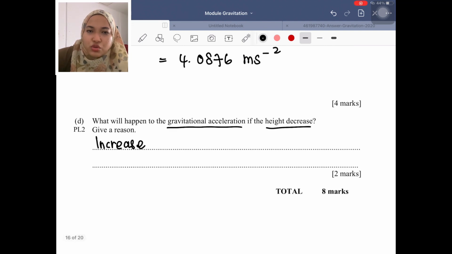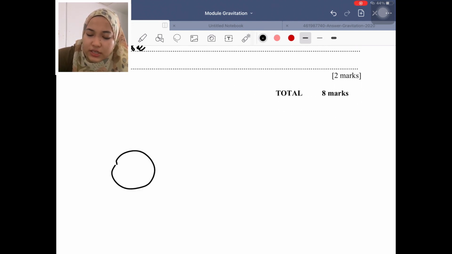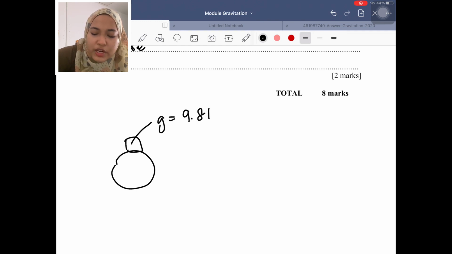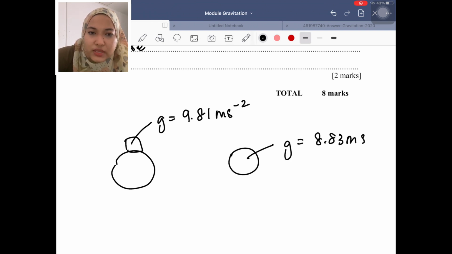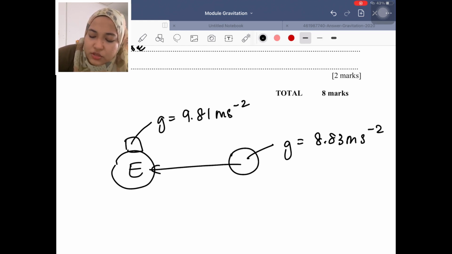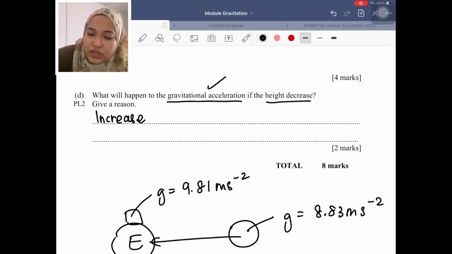Macam tadi contoh kita ada yang dekat on the surface, dia punya G sama dengan 9.81 meter per second negative 2, tapi bila objek tu jauh, dia punya G sama dengan 8.83 meter per second negative 2. So maksudnya bila dia menghampiri bumi, so the value of gravitational acceleration will increase.